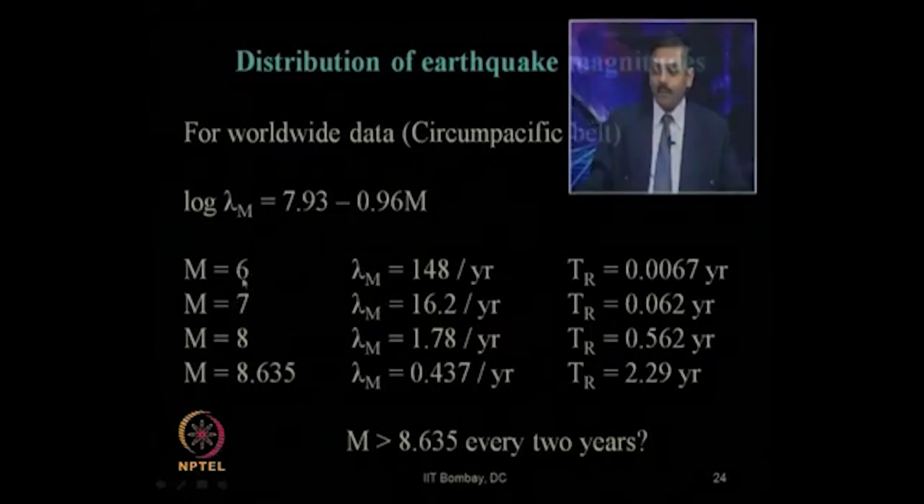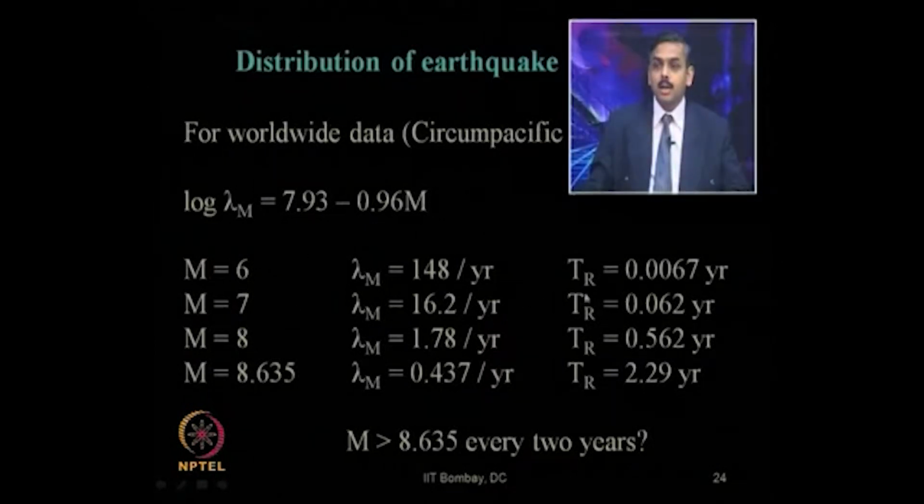For various magnitudes of m, we can easily calculate their recurrence interval TR. But we are not sure whether it is giving the correct result beyond a certain value, as shown here. So, we have to select an upper bound up to which this equation is valid or applicable.